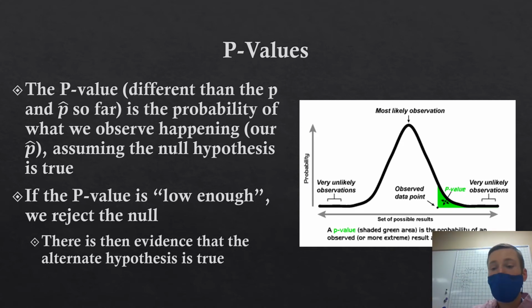So if we assume that null is true, it is the likelihood of observing that p-hat value given that the null is true, okay? And if that p-value or that probability is low enough, and we'll explain what low enough is here in a moment, then we can say we reject the null hypothesis, okay? In other words, there is evidence that the alternate hypothesis is true.